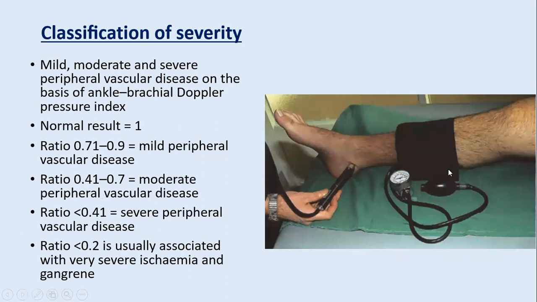Then classification of severity is very important, and it is done by a clinical examination, which is called the ankle brachial pressure index. This can be done by normal sphygmomanometer, BP apparatus, or by Doppler pressure index.